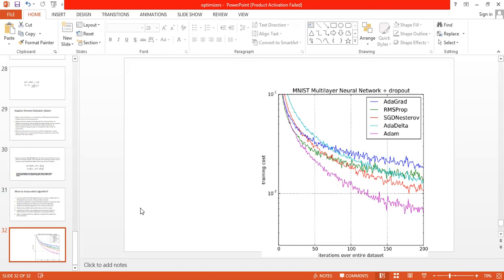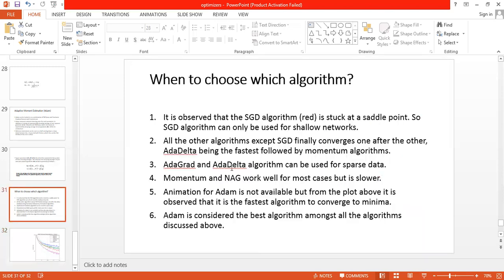When it comes down and finds a local minimum, it gets stuck there, and if there is another local minimum further along, it cannot reach it. That is the problem of SGD, and the red one here shows SGD. Next, it converges very slowly, and Adadelta is the fastest following the momentum.